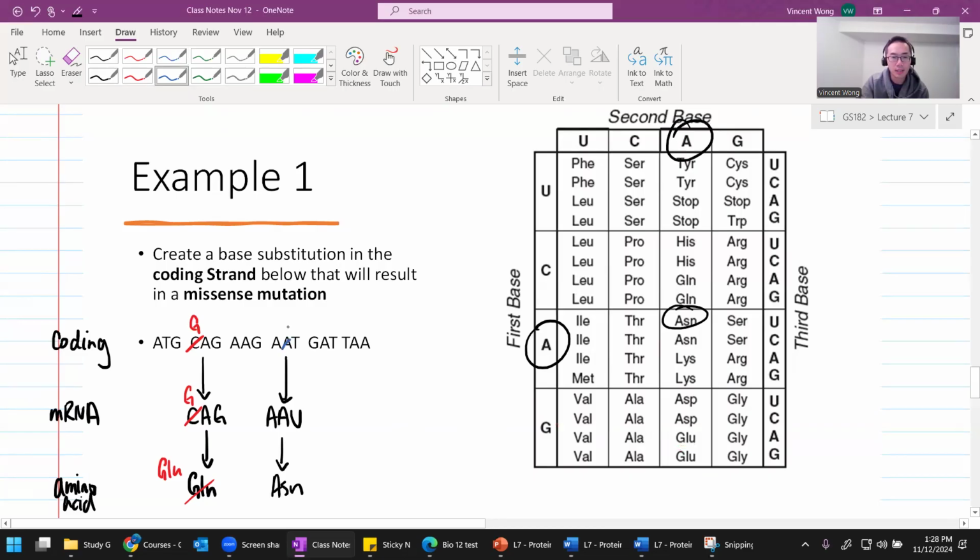So let's change the second one here to C. So ACU now. ACU is Threonine. So that's how you do it. You don't have to do both, right? You only have to pick one and create a mutation, and that's it.